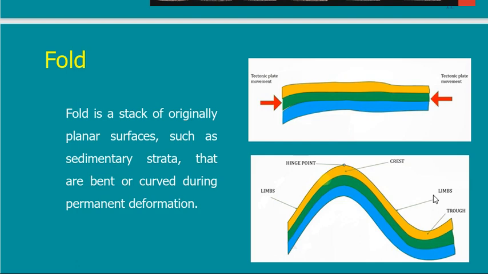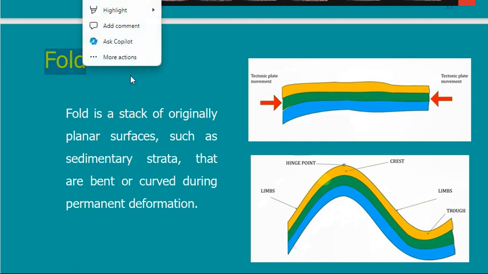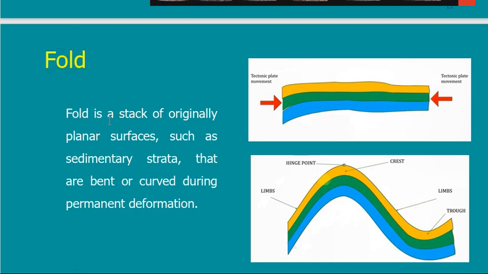So because it was ductile, it managed to move, to fold into folded layers without being crushed. So this is the first formation that we need to study. It is called fold. Fold is a stack of originally planar surfaces. So it was at the beginning planes, just horizontal layers.